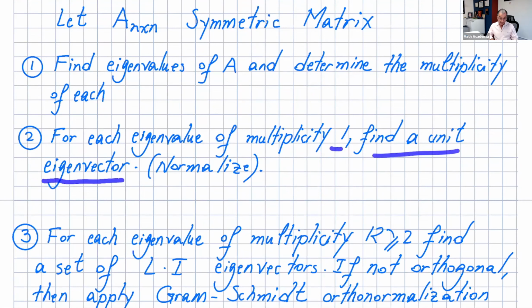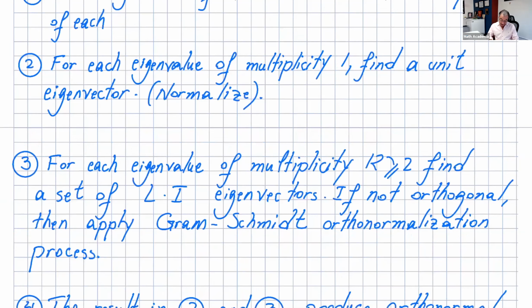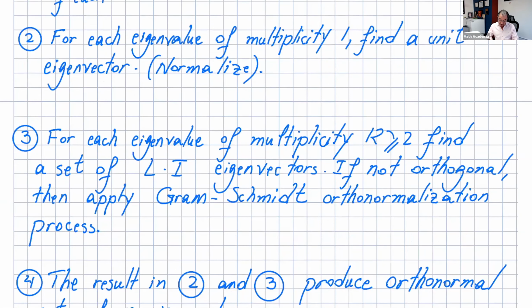So normalize it, because the columns have to be orthonormal. For each eigenvalue of multiplicity k greater than or equal to 2, find a set of k linearly independent eigenvectors.